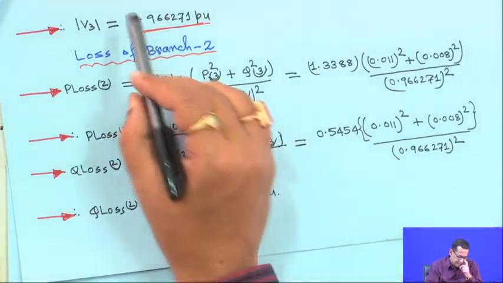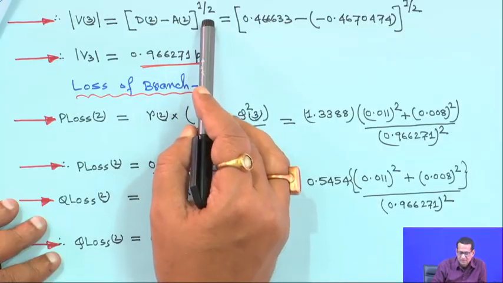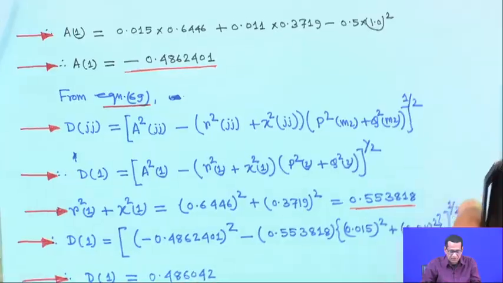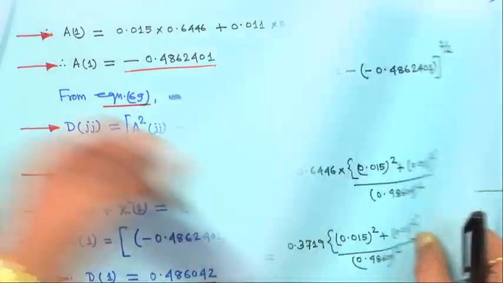Then the magnitude of V3 will be D2 minus A2, to the power half. Again, this comes from the voltage equation we computed, which I think is equation 66.